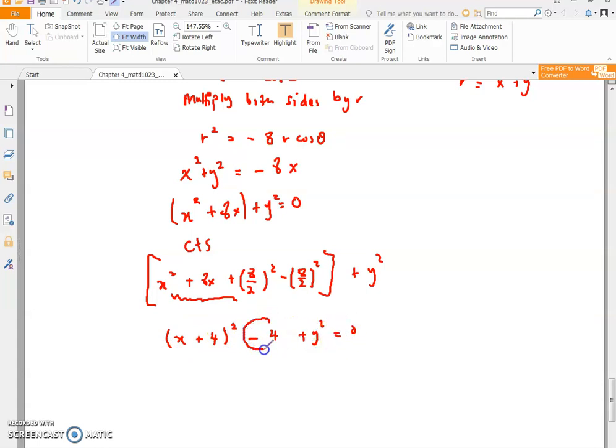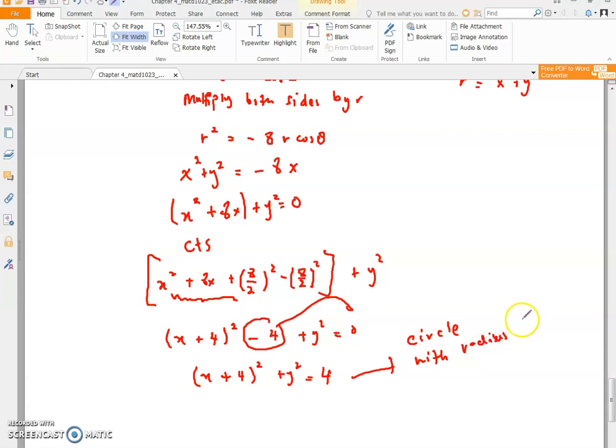The value of negative 4 here, you can bring to the other side to get (x plus 4) squared plus y squared equals 4. This represents an equation of a circle with radius 2, r equals 2, and a center of negative 4 and 0.